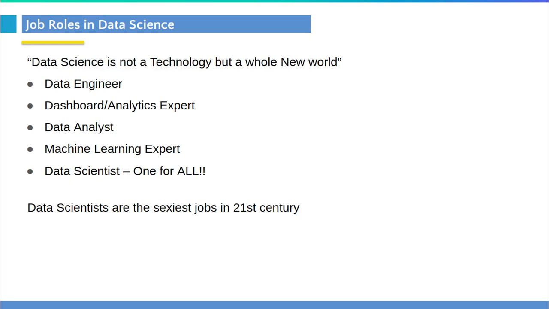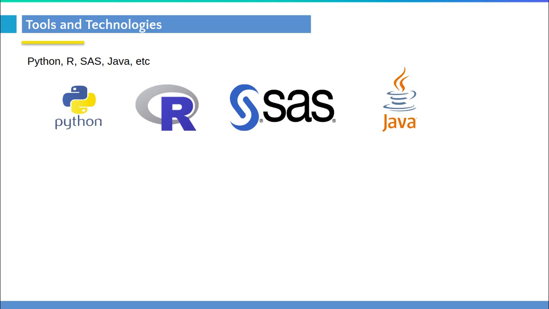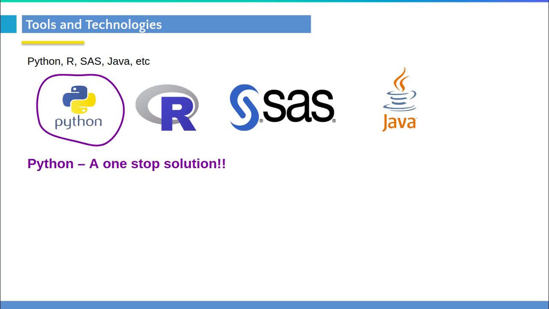Okay, so we have already discussed the job roles. I don't want to take much time there, but here I would like to highlight a couple of important things. Here are the tools and techniques of the technologies we use, right? You may find R or SAS or Java or Python. There are so many libraries and programming languages or tools available in the market, but Python has become a one-stop solution today for a lot of data scientists.